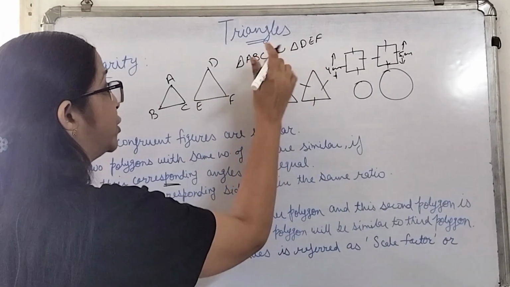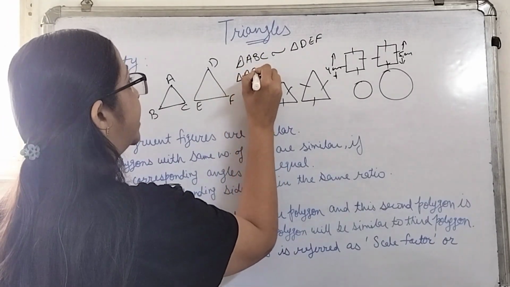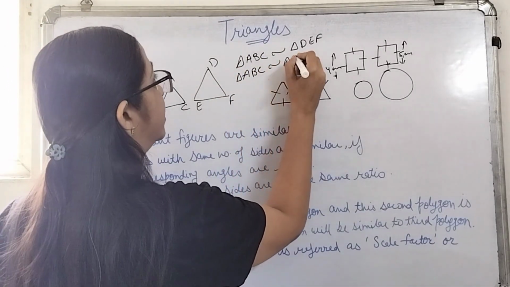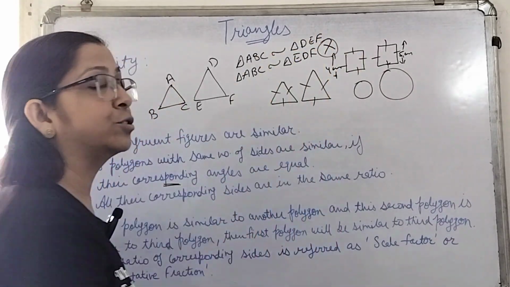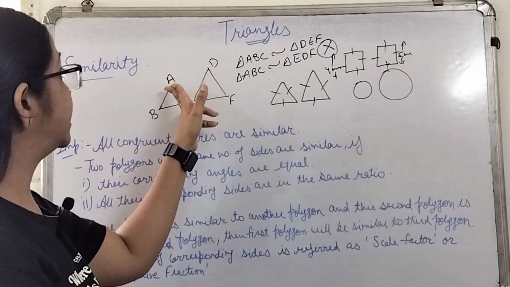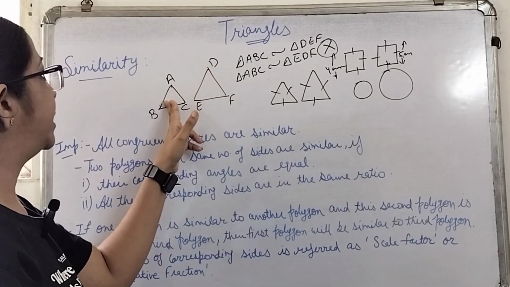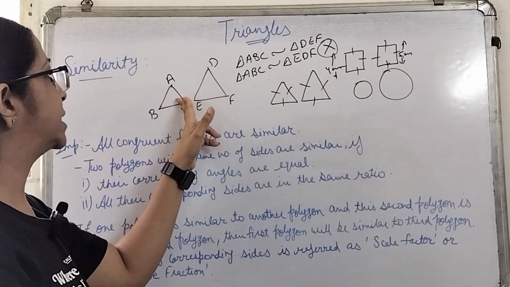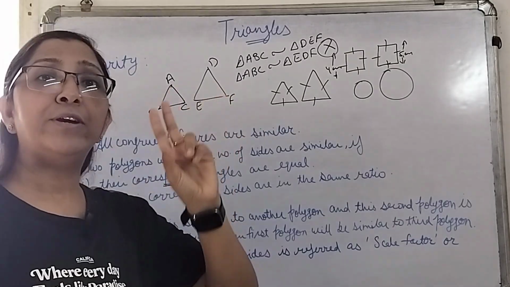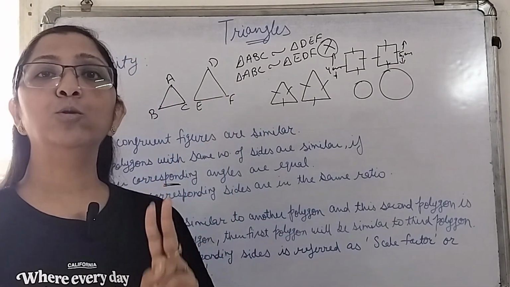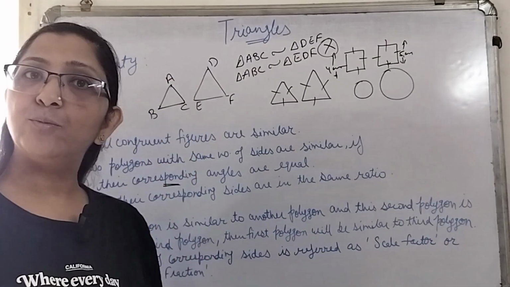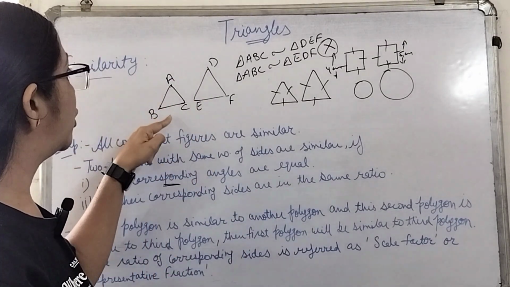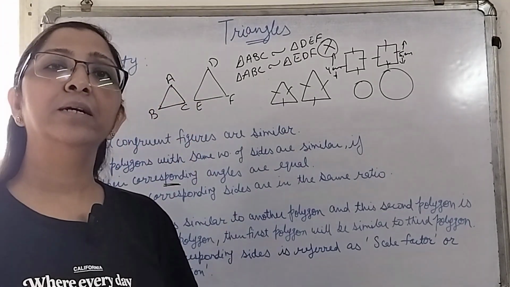If this is the condition, we cannot say that ABC is similar to triangle EDF. No, this is not true, because angle A is equivalent to angle D, angle B is equivalent to angle E, and angle C is equivalent to angle F. Whenever two polygons are similar, their corresponding angles will be equal and the ratio of their corresponding sides will be equal.